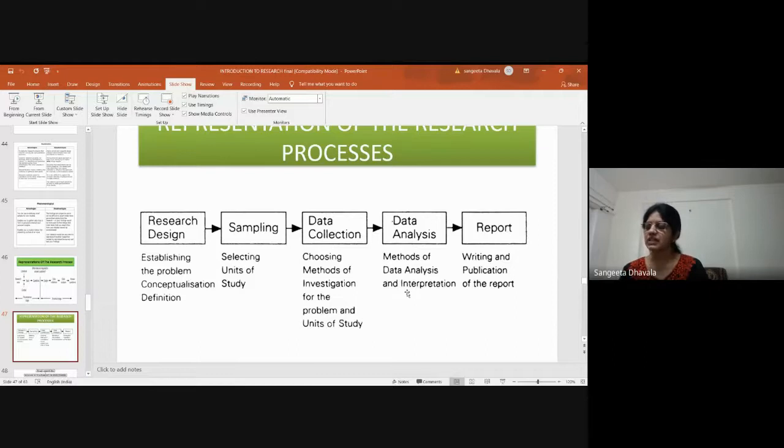Inferential statistics is all about finding out the correlations, finding out if there is an association between the variables you have considered for the study, and seeing if there is any significant difference of a particular variable on the dependent variable. It is here that we conduct a t-test, an ANOVA, and regression analysis.